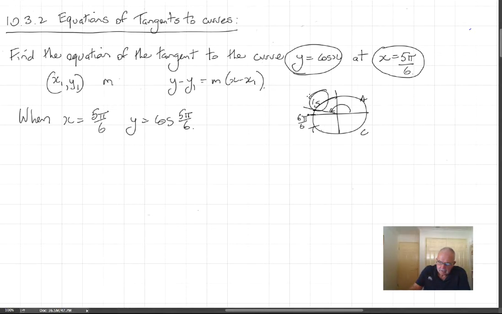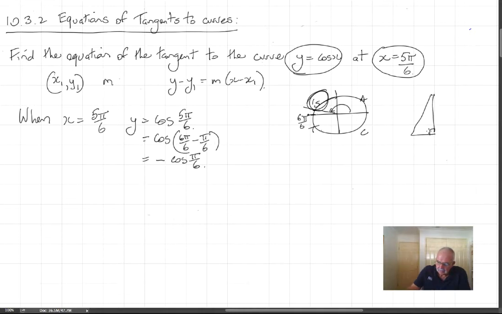We want the cos of 5π/6. Cos in this quadrant here is negative, and before we do that, we can go cos of 6π/6 minus π/6. 6π/6, which is π, minus π/6 will give me 5π/6. It's in the second quadrant. Cos is negative, so it's negative cos of π/6. So there's a simplification for that. And you say, oh, π/6, I know that.